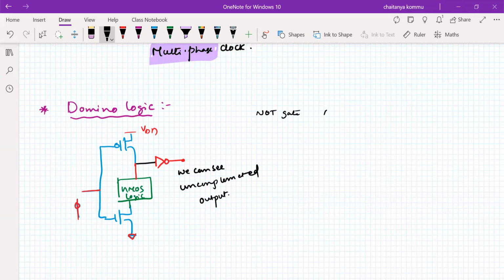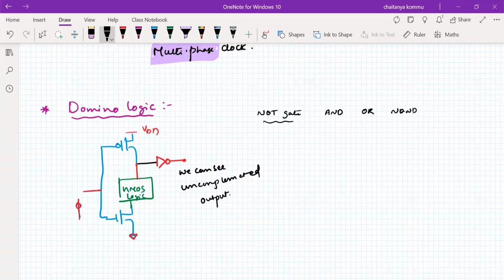Domino AND gate, OR gate, NAND gate, and NOR gate can all be possible. You should try all these on your own, because you just have to use the NOT logic implementation here.